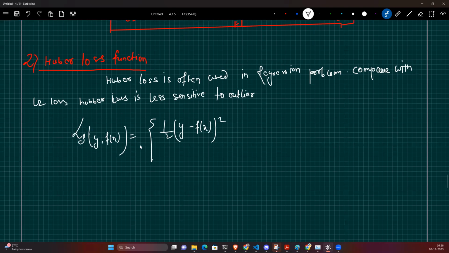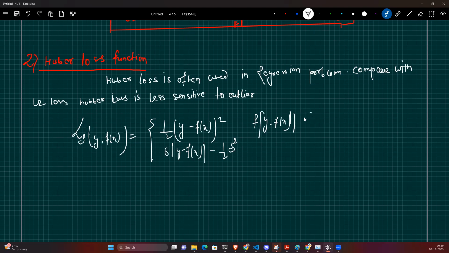So two functions are there, and we have to decide when to apply which.